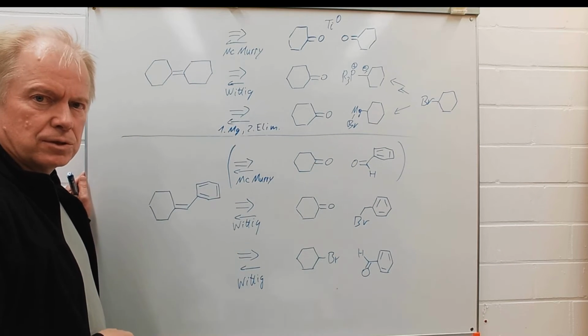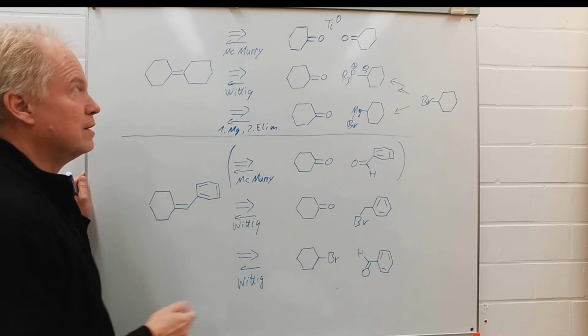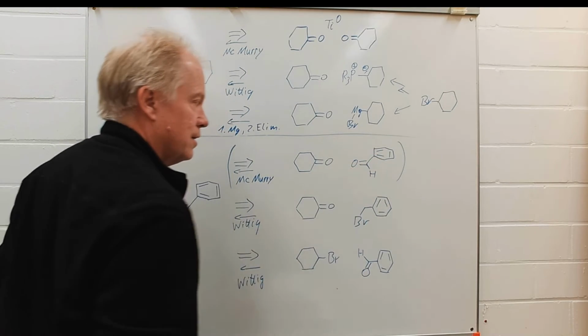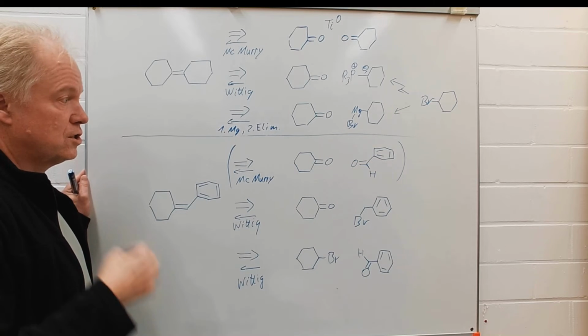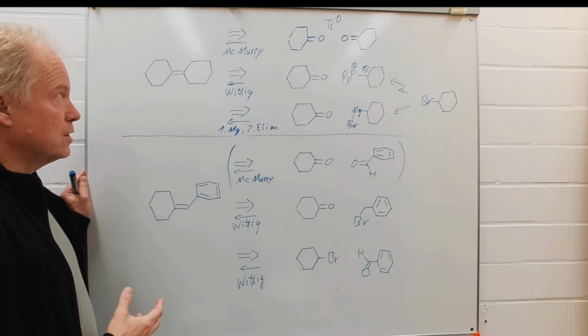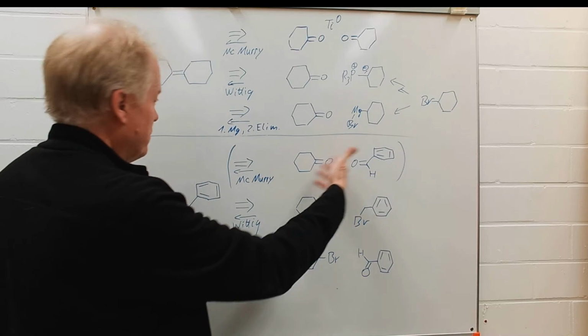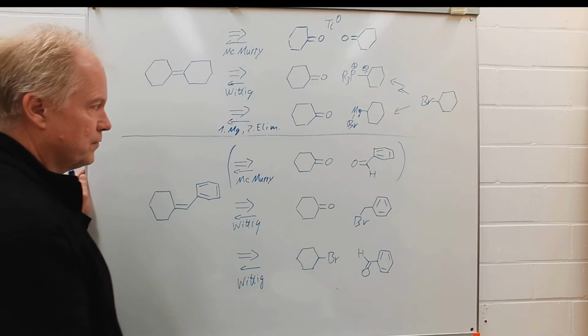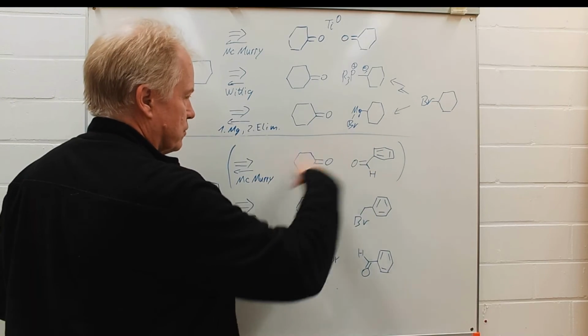Well, we cannot avoid the homocoupling. The titanium will preferentially react with the aldehyde first, and then we get stilbene as the homocoupling product of a McMurry reaction with benzaldehyde.